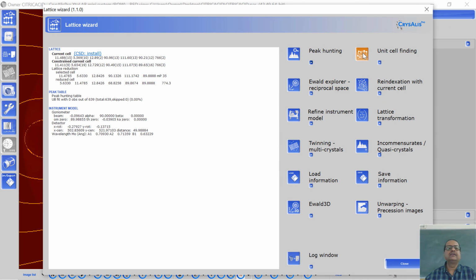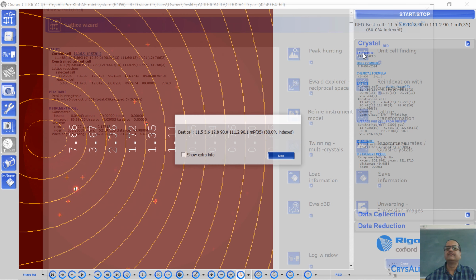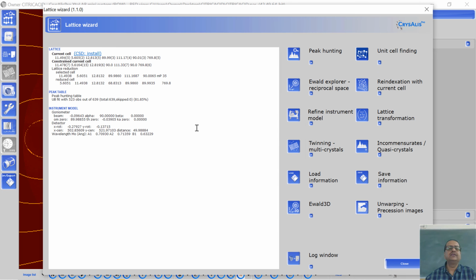Now you can click on unit cell finding. It will find the unit cell. It gives me 11, 5, 12 with monoclinic 89.99, 90.01 and 111.17 as beta, and 81.5% reflections are indexed.